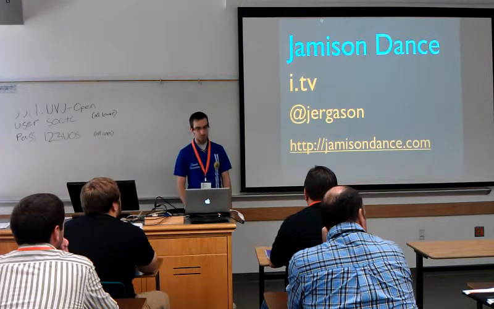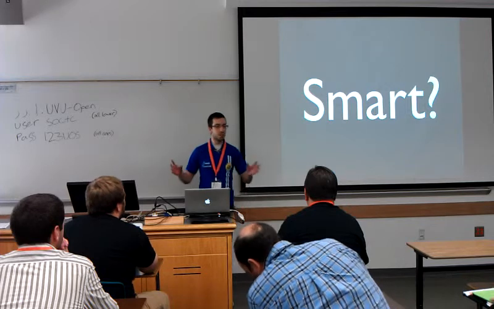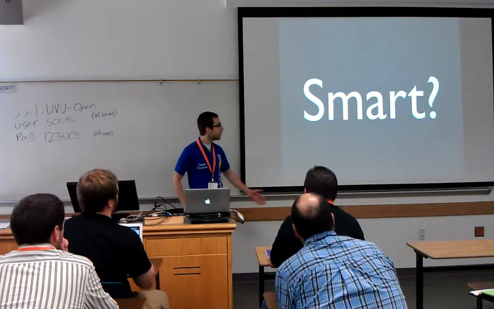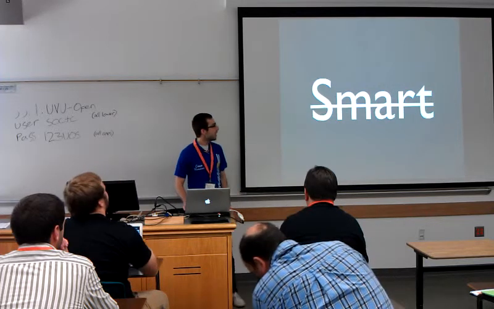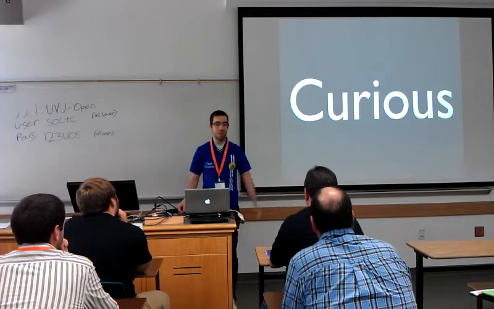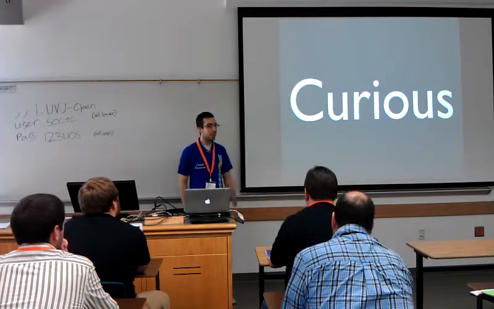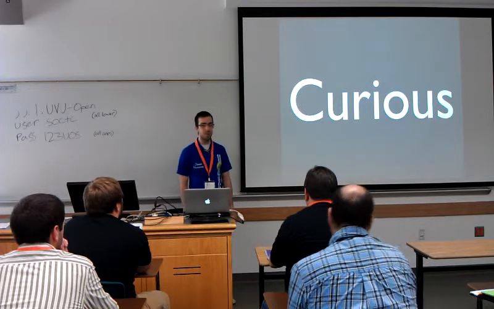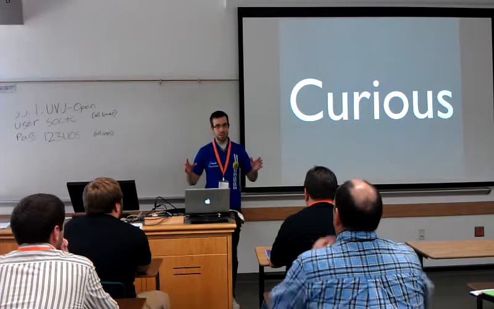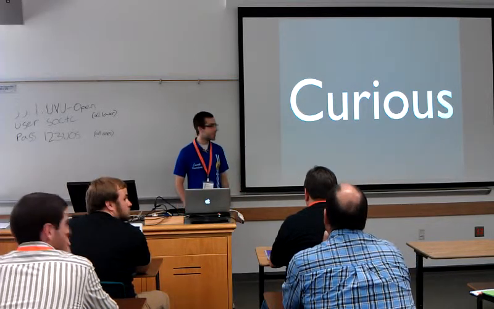When people hear about machine learning, they think PhDs, like you have to be really smart to know about this stuff. So what are my qualifications? Am I really smart? No. I'm just curious. I did an undergraduate in CS, but I don't have an advanced degree or anything. I just thought this stuff was cool, and I've played with it a little bit. You don't have to be a scientist or a genius to use this stuff.